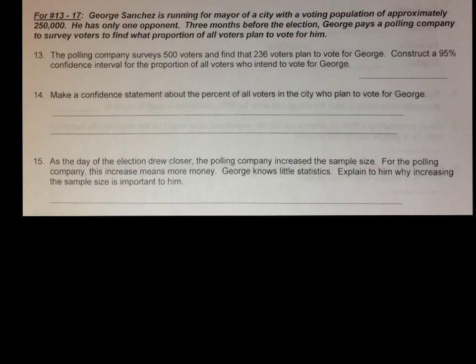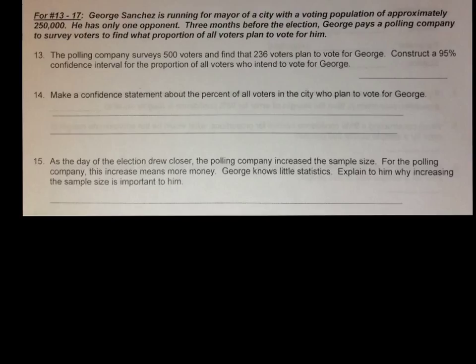On number 13, 14, and 15, I'm going to let you try this on your own. The last problem kind of gives you clues and hints on what to do. George Sanchez is running for the city of mayor. Voting population of 250,000. Now that's the population. That's not the sample. So 3 months before the election, George pays a polling company to survey voters to find the proportion of all voters that plan to vote for him. So look here. You have 500 voters and 236. So there's your sample statistic, 236 out of 500.